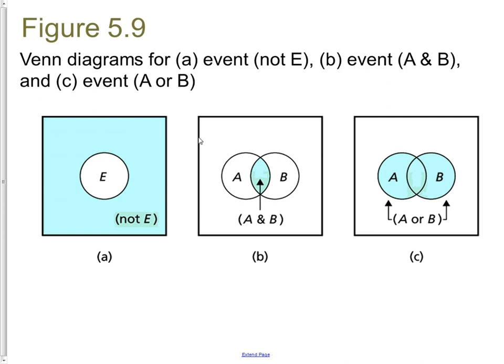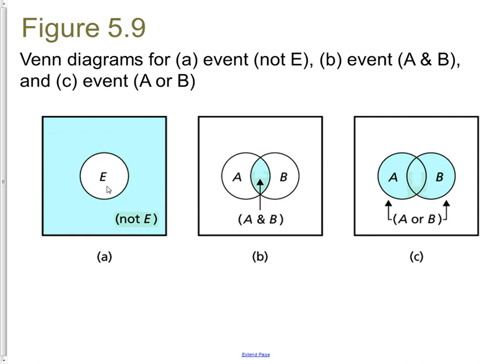Very often when we talk about probabilities and the ways that we count them, it's handy to use what we call a Venn diagram. A Venn diagram is a way of indicating parts of a population or parts of a group, a sample space, that meet certain events. So for example, if this box right here represents the entire sample space, so my deck of 52 cards, and I said the event not E, so let's say the event was not pulling a club.